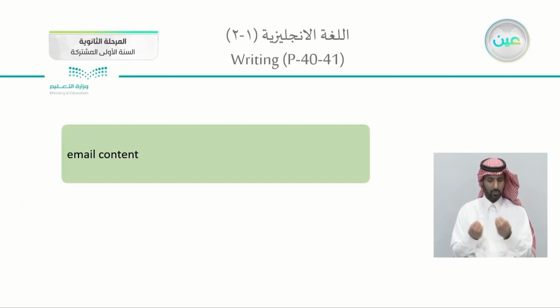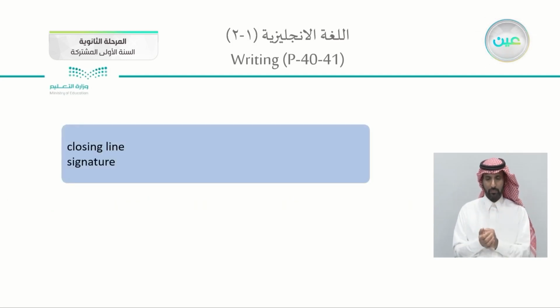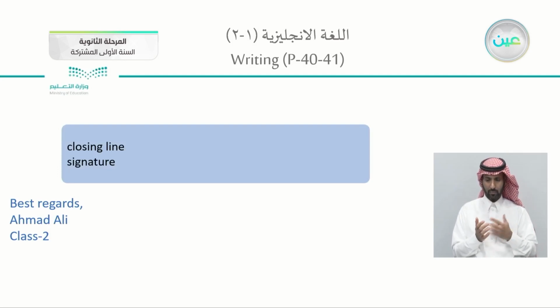Email content: I want to tell my teacher, I apologize for not attending the test today. I wasn't feeling well all day yesterday. This is the content. Maybe I would add more things later on. Then the closing line and my signature, I would say, best regards, Ahmed Ali, class 2.